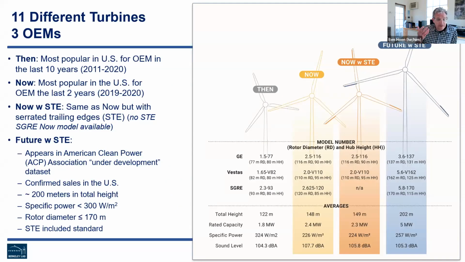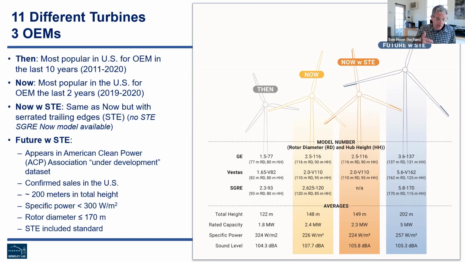So as I mentioned, we have these three epochs of turbines, and we started with the then period. Those are the most popular, most frequently installed in the United States for three OEMs. Those are the largest OEMs based on market share in the United States, and actually the whole world when you don't consider China. Those OEMs, or original equipment manufacturers, are GE, Vestas, and SGRE.